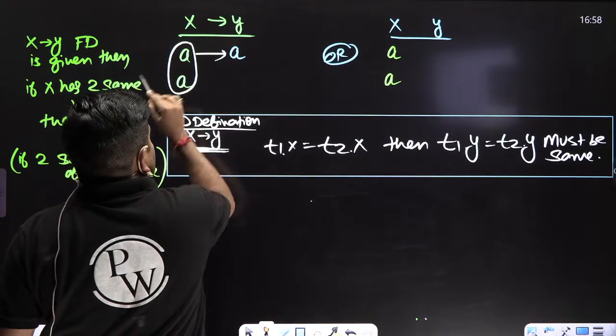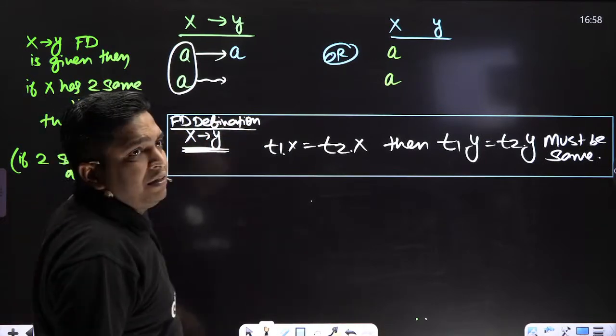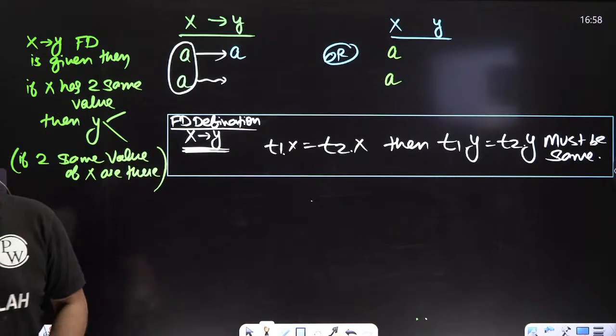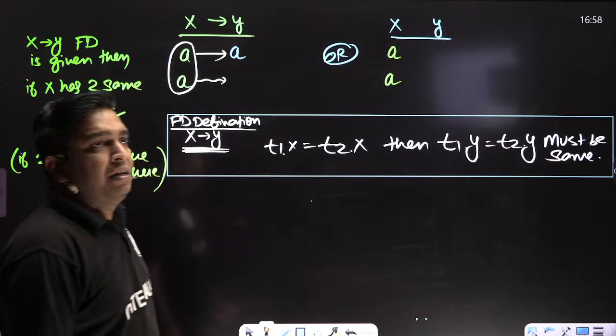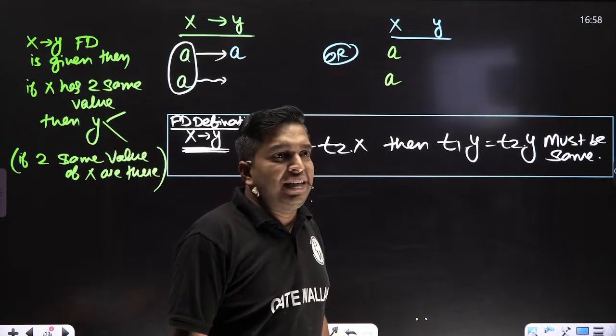Here we are getting a. What are we getting here also? Tell me fast.